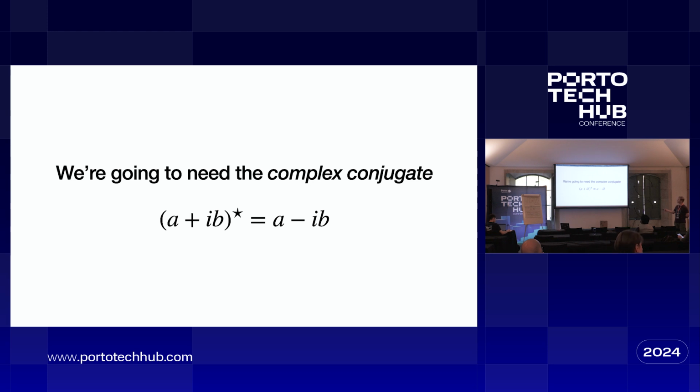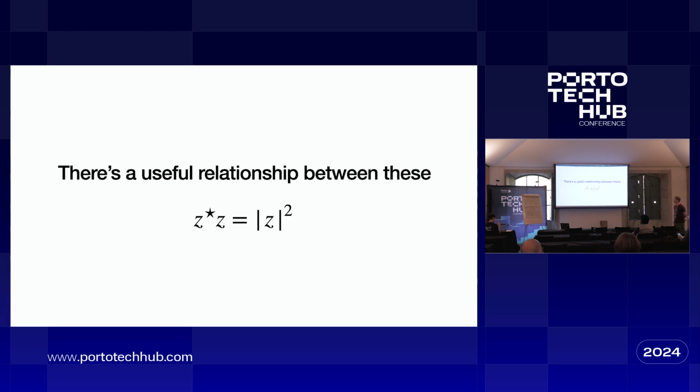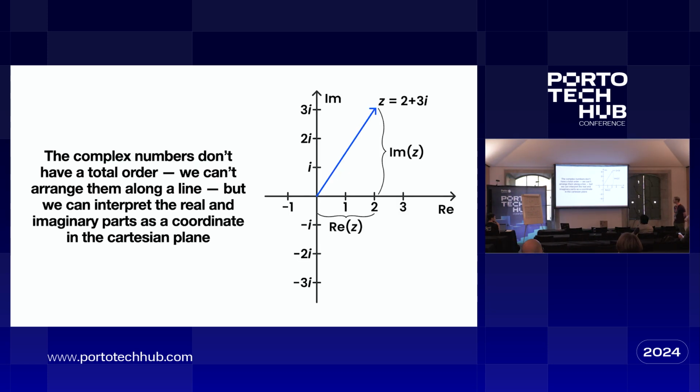So when it acts on the whole of a complex number, you get a minus ib. A useful relationship is that the conjugate of a complex number times the complex number itself gives you the square of the magnitude. It's very useful when you want to divide complex numbers.